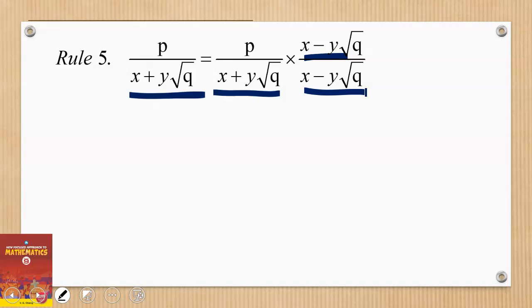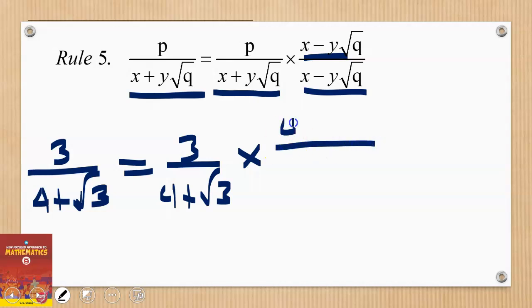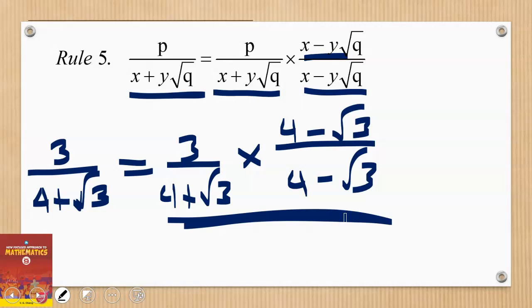What it means is that in future, if I give you, let's say, 3 divided by 4 plus root 3, this is the same as writing 3 over 4 plus root 3 and multiplying both the numerator and denominator by 4 minus root 3 over 4 minus root 3. So I just pick the denominator, change it to its conjugate, and multiply both numerator and denominator by the same conjugate. So I can now simplify and get my answer.